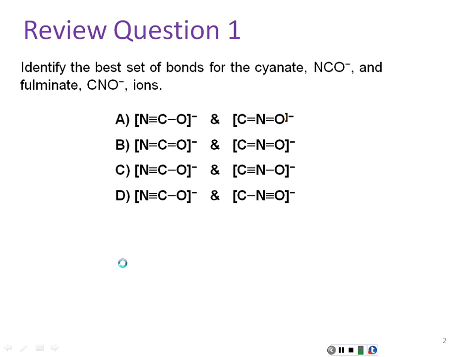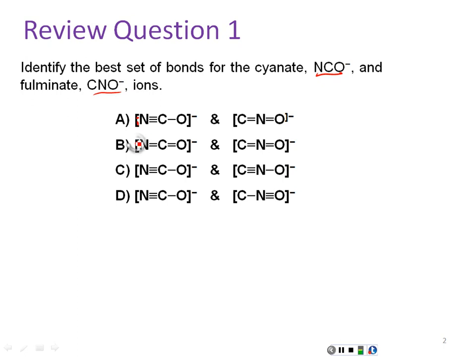Review question 1. Identify the best structures for cyanate, which is NCO-, and fulminate, CNO-. To answer this question, the structures are already drawn for us. It might help you to put in the unpaired electrons.